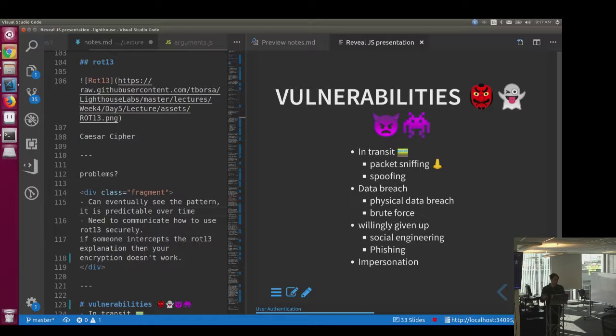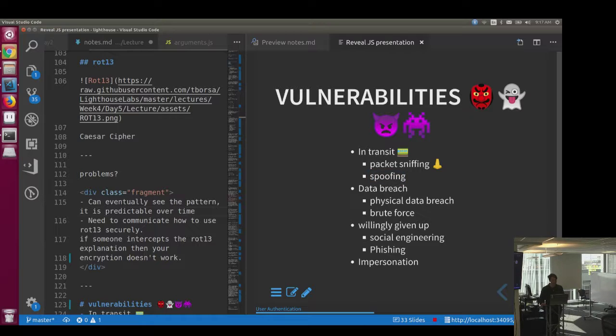Packet sniffing is like information being physically transferred over, say, a wire or over Wi-Fi. If we have a device that can intercept the Wi-Fi signals, intercept maybe even the physical zeros and ones along a wire, and they know how that data is being transmitted, they can then interpret that and see what's happening.